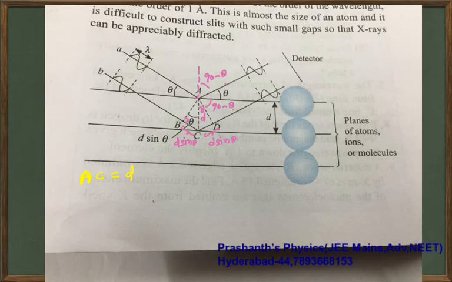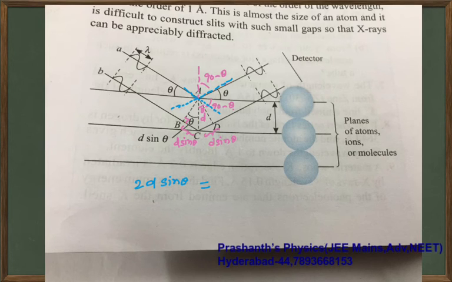Now what Bragg's law explains is, when diffraction occurs, the path difference compared to the top ray, the bottom ray will travel a distance of 2d sin theta.